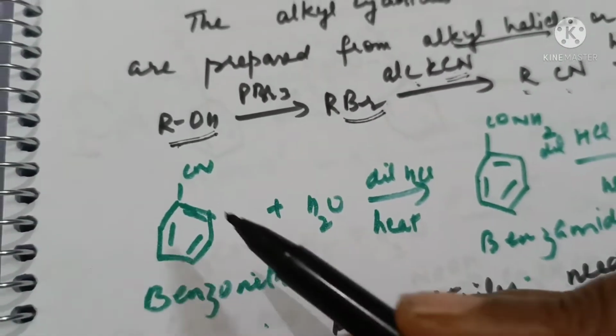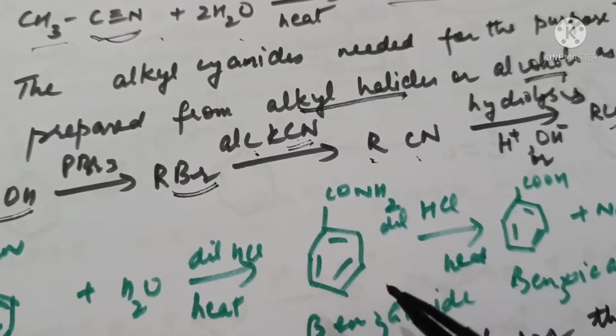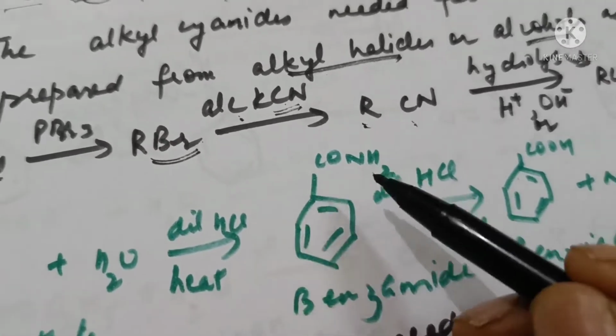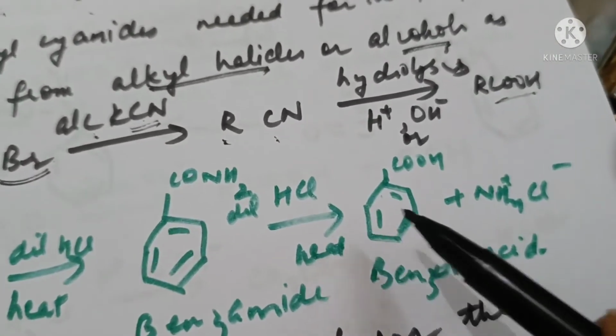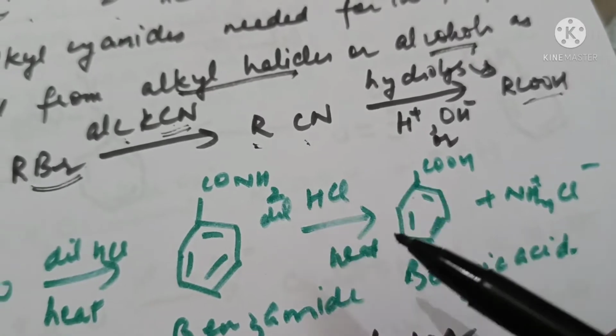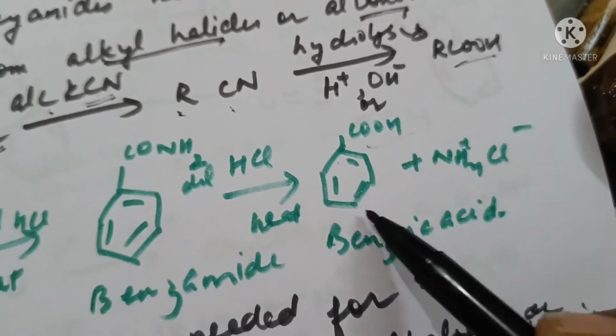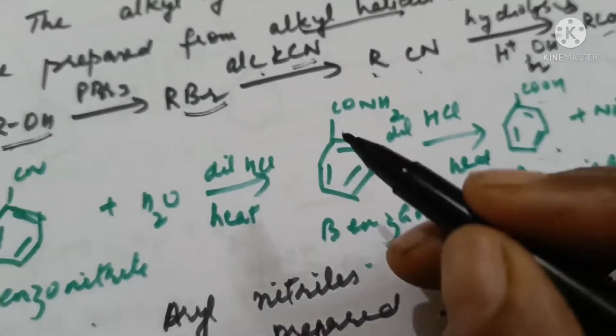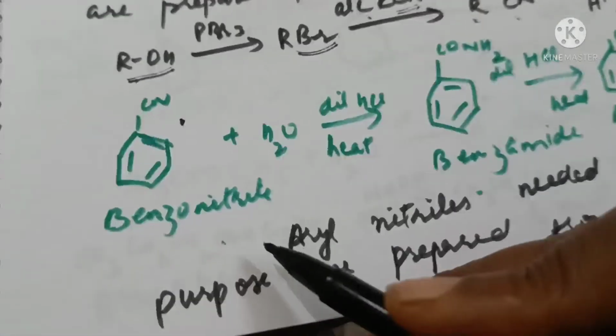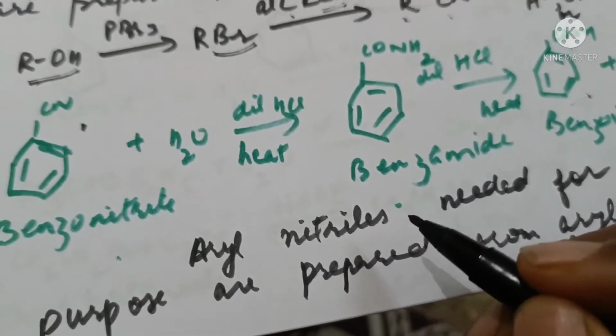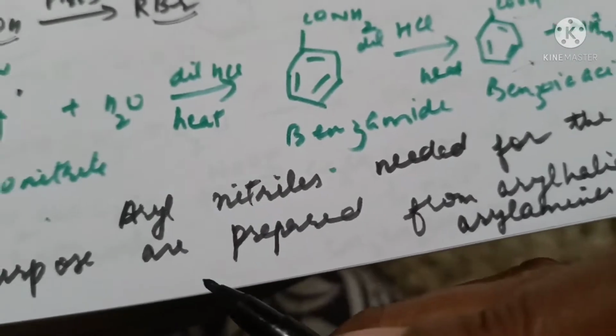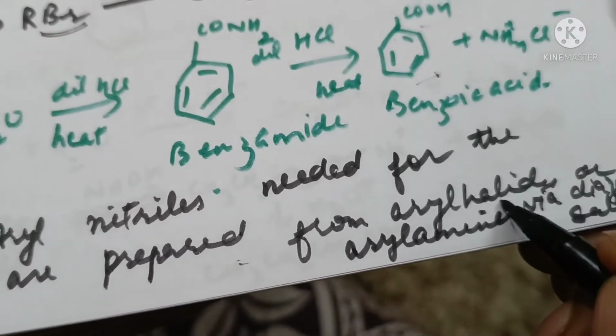Similarly, aromatic cyanides on hydrolysis will first produce aromatic amides like benzamide, and then on again acidification or hydrolysis will produce benzoic acid. The aromatic cyanide or aryl nitrile needed for the purpose can again be prepared from aryl halide or aryl amine via diazonium salt.